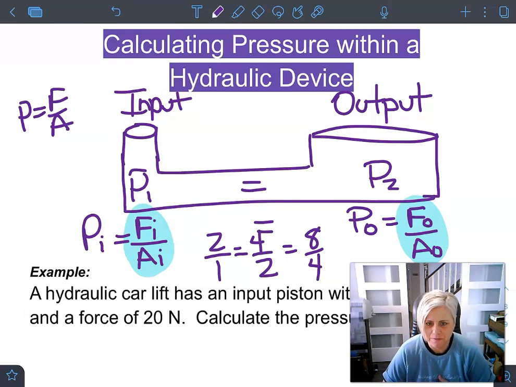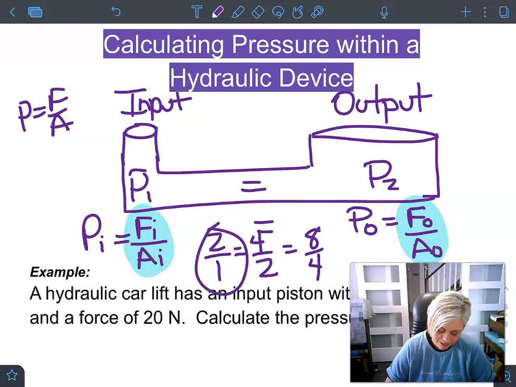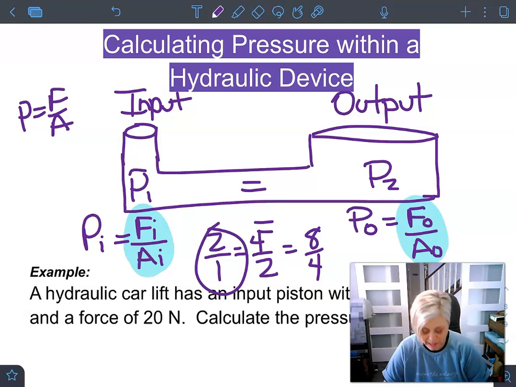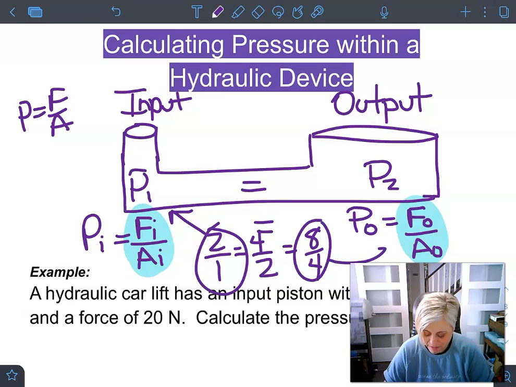So this answer here could be the force and area for this side. This one right here could be the force and area for this side. Their forces are different and their areas are different, but the ratios still come out to the same answer, which with a hydraulic device is the pressure. This is the underlying assumption that helps us solve hydraulic device questions.